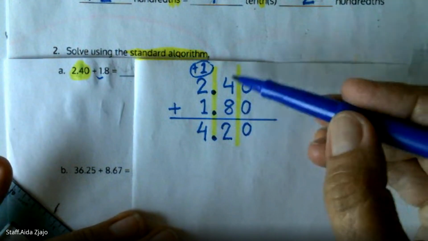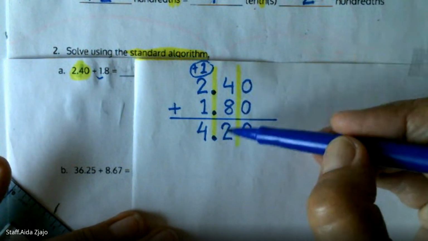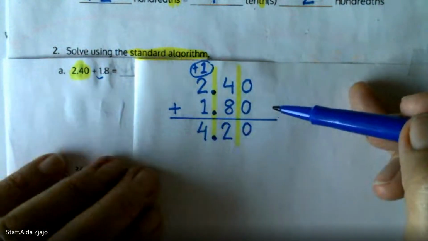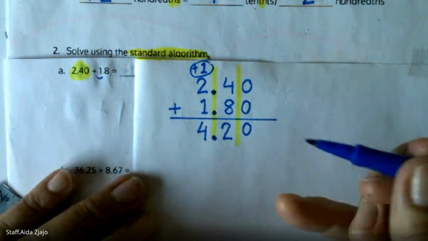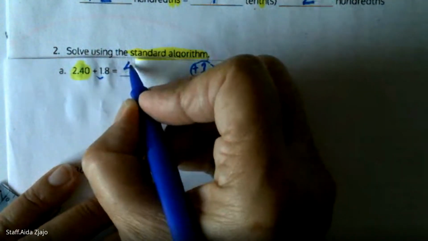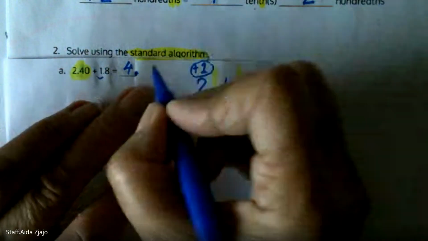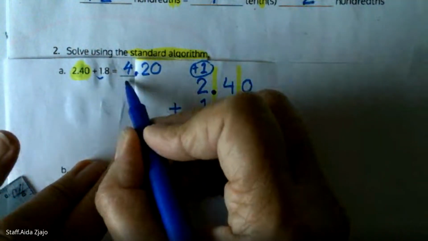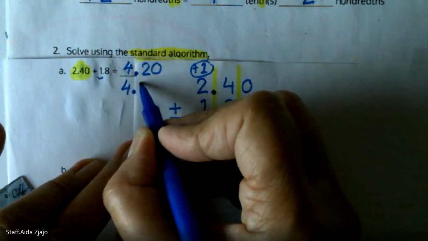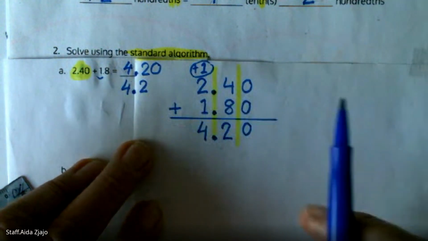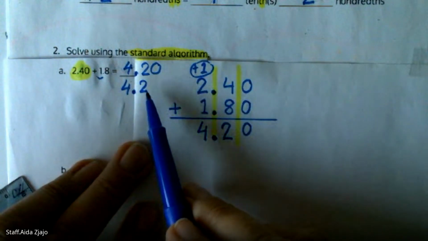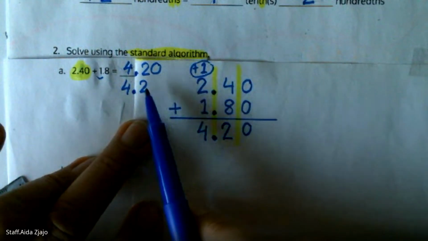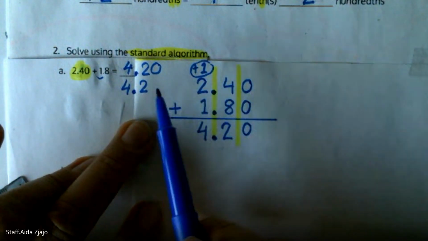The hundredths, the tenths, the sum of tenths can make you a new whole, so that makes 4 and 20 hundredths. You can also see this as the answer 4 and 2 tenths because 20 hundredths is the same as 2 tenths. 20 pennies is the same as 2 dimes.